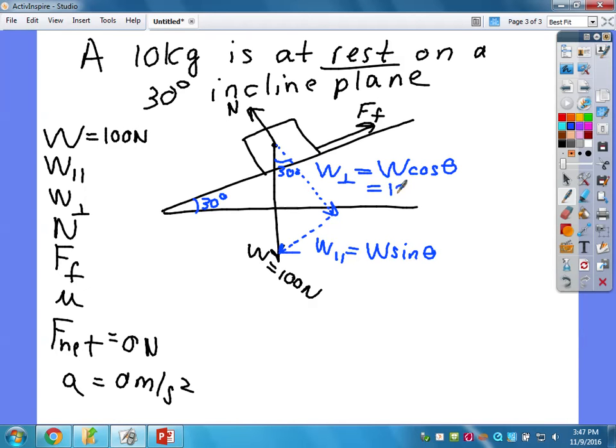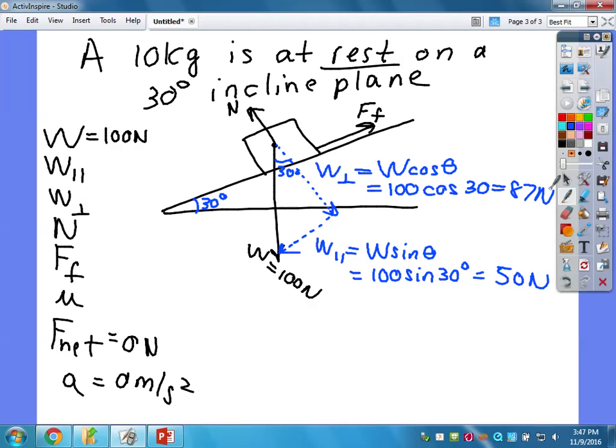So this is going to be 100 times cosine of 30 degrees, and this will be 100 sine 30 degrees. This we know will come out to 50 newtons. I believe this comes out to 87. I'll double check that real fast. Again, if you know your trig functions well, you probably already have that answer. Yep, 87.